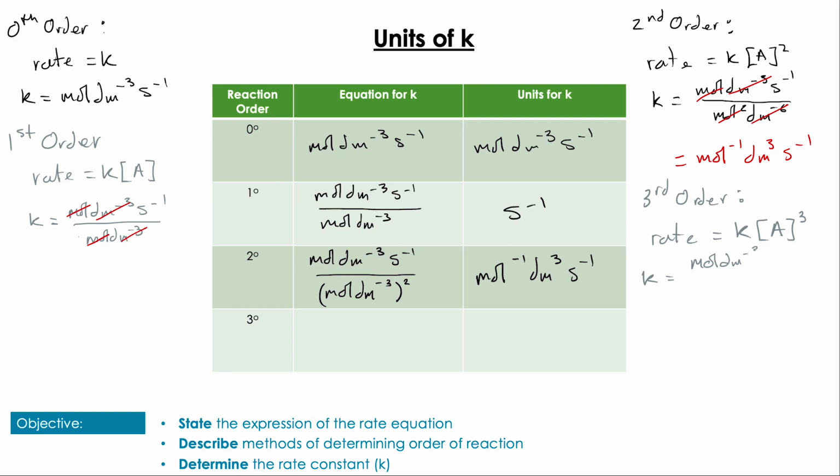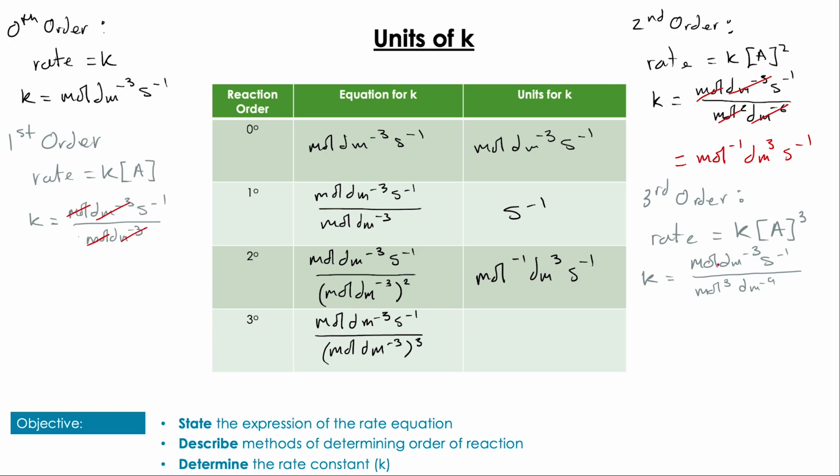So k is going to be moles per decimeter cubed per second divided by moles per decimeter cubed to the power 3. And obviously we can expand those brackets out straight away so that we get mole to the 3 and decimeter to the -9. Once we get that, we can do what we've done in all the other examples, which is to cancel out.